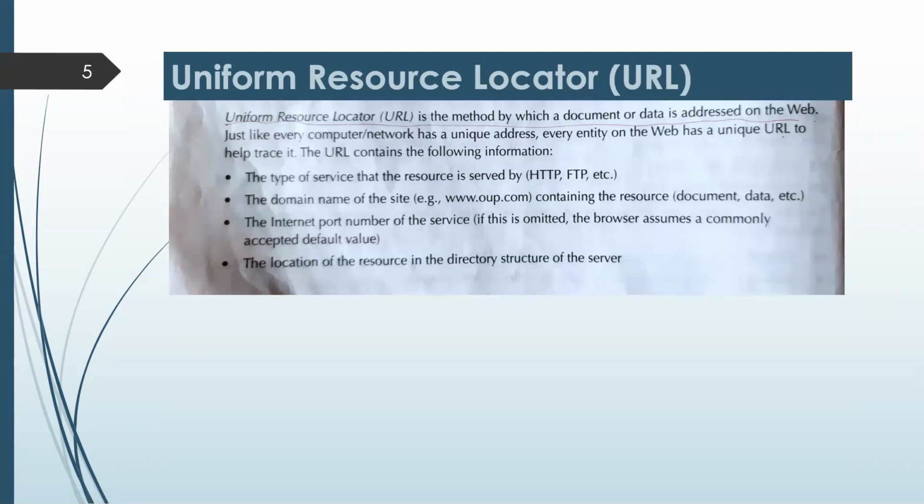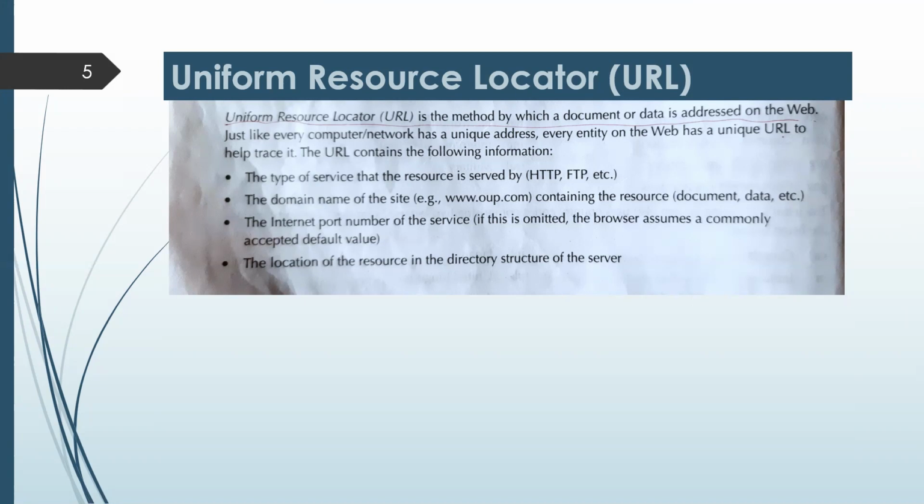The URL contains the following information. So uniform resource locator is actually a method for what purpose? So that a document or data is addressed on the web. Document or data, whichever you are keeping in your computer, those are called data. If you want to address a document on the web, for that a URL, uniform resource locator, is required.